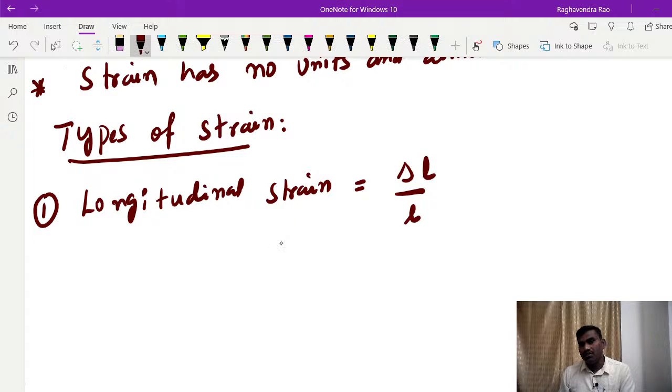It has length in meters, and change in length is also in meters, but they cancel. There are no units and dimensions.